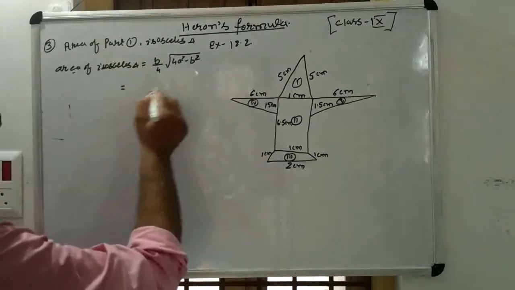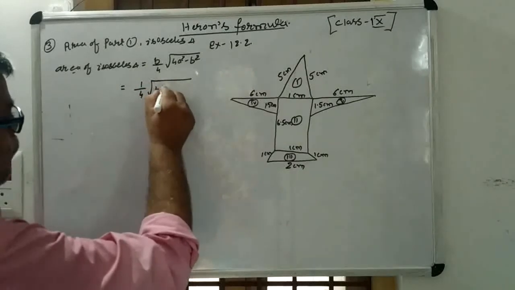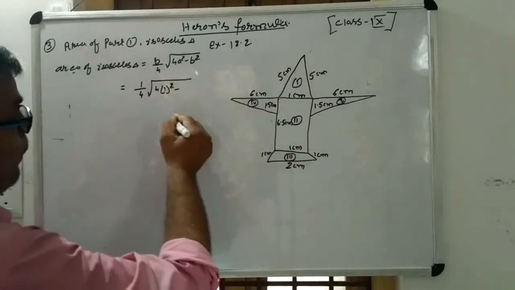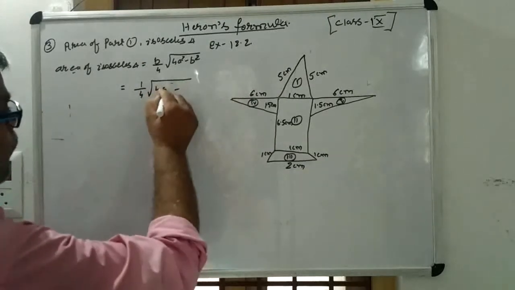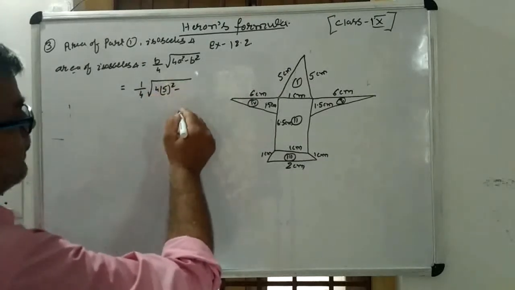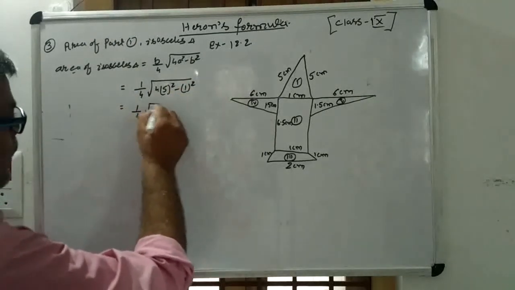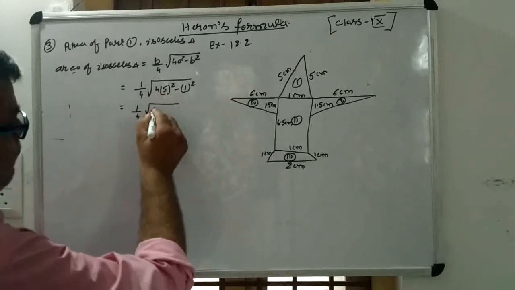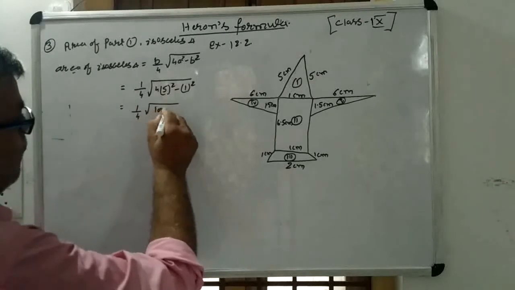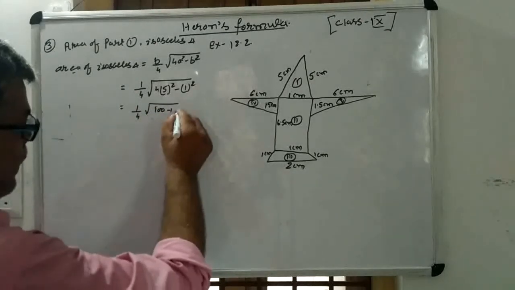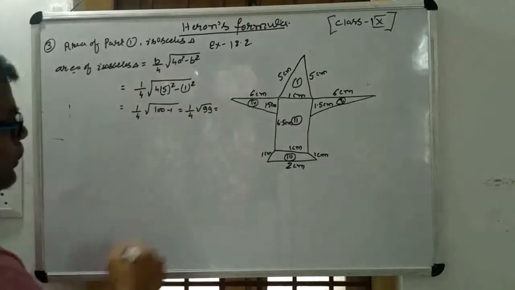Putting all these things, we have 1 by 4 under root 4 into a square minus b square. Here the equal side is 5, so it will be 5 square, and b square is 1 square. So it will be 1 by 4 under root 25 into 4, that is 100, minus 1, that is 1 by 4 under root 99, which is approximately 10.